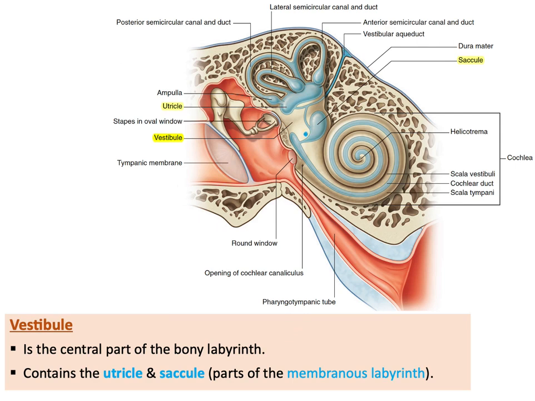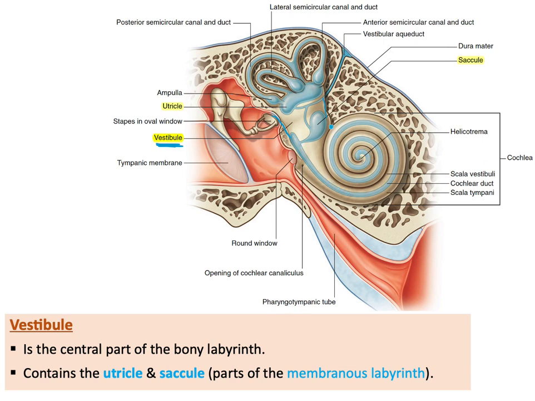Now, the vestibule. As I mentioned, the vestibule is the central part of the bony labyrinth, and inside it there is a membranous labyrinth. But which kind? In the cochlea, we said we have the cochlear duct, the blue one.